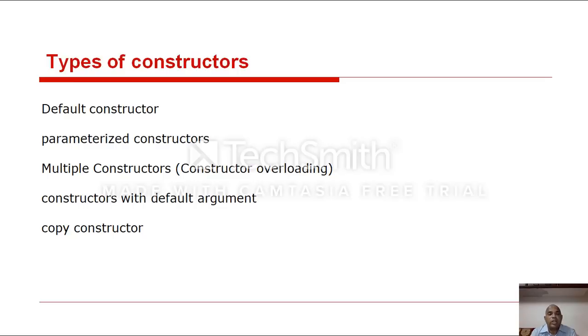Simply, what is a constructor? A constructor is a special member function which is used for initialization of an object. The constructor member function need not be called through an object. It is automatically executed when the object is created.